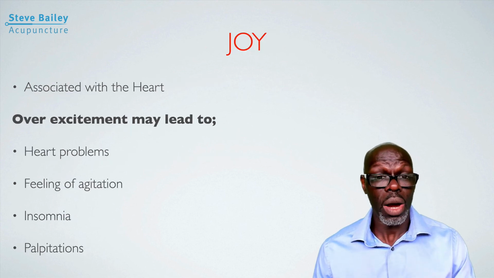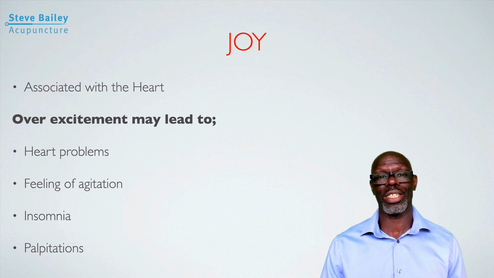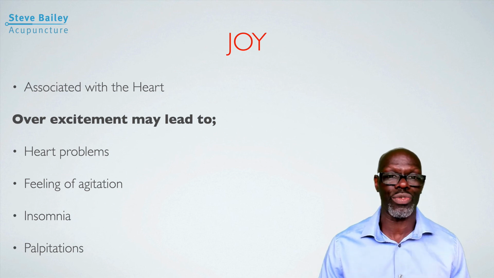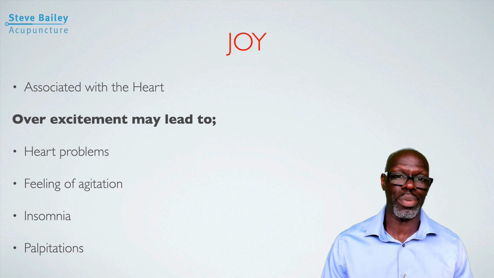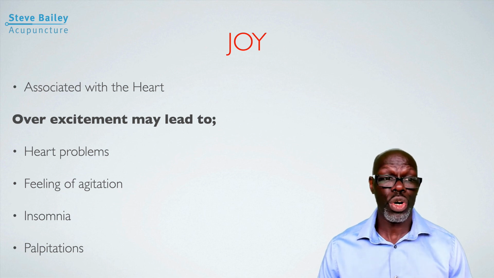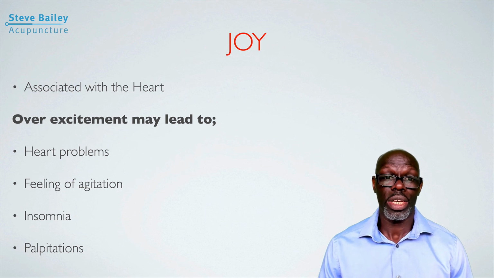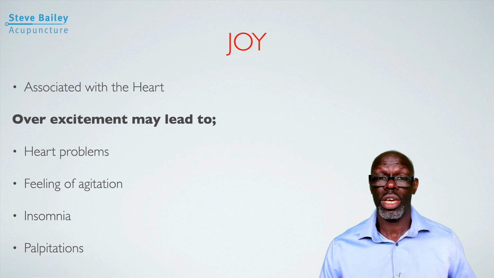Joy. Now, when he's talking about joy, it's not a case of somebody's happy because they've received something or they're happy to be with somebody. It's joy where it's overwhelming, it's too much. It's somewhere where somebody's constantly thinking about something. It can make them agitated. It can give them restlessness, sleeplessness, palpitations.